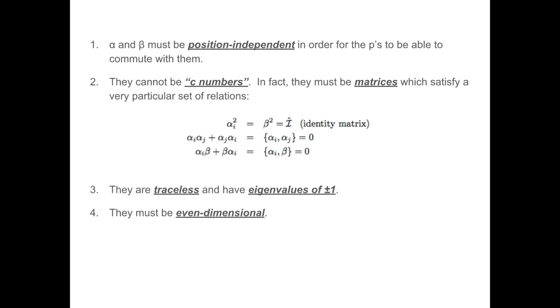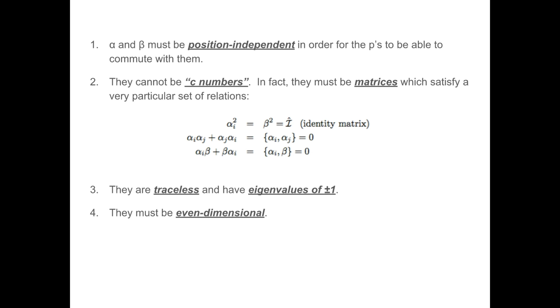Another condition, which is not as easy to prove, is that they have to be traceless, and they have to have eigenvalues of plus or minus 1. Again, I'm no mathematician, but if they're traceless and have eigenvalues of plus or minus 1, it's telling me that they have to be even dimensional. I have to have equal numbers of plus 1s and minus 1s. So these are the rules just from going through that calculation.